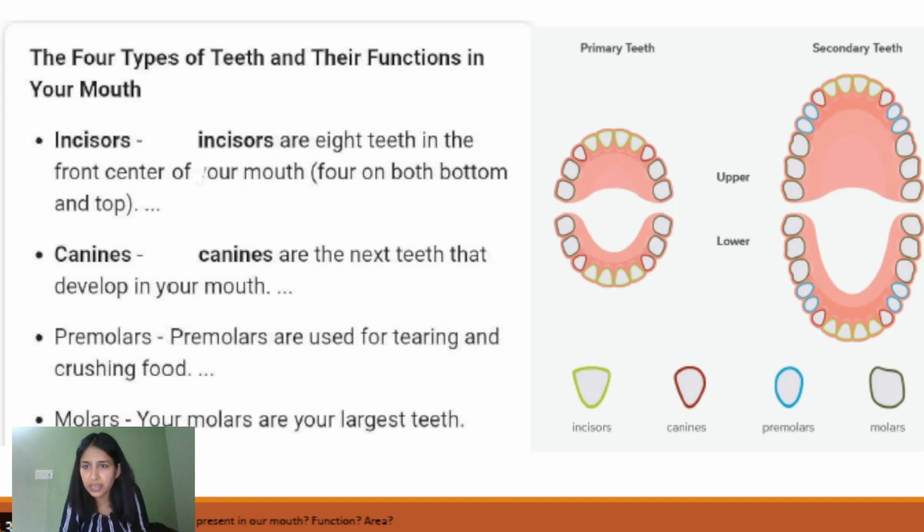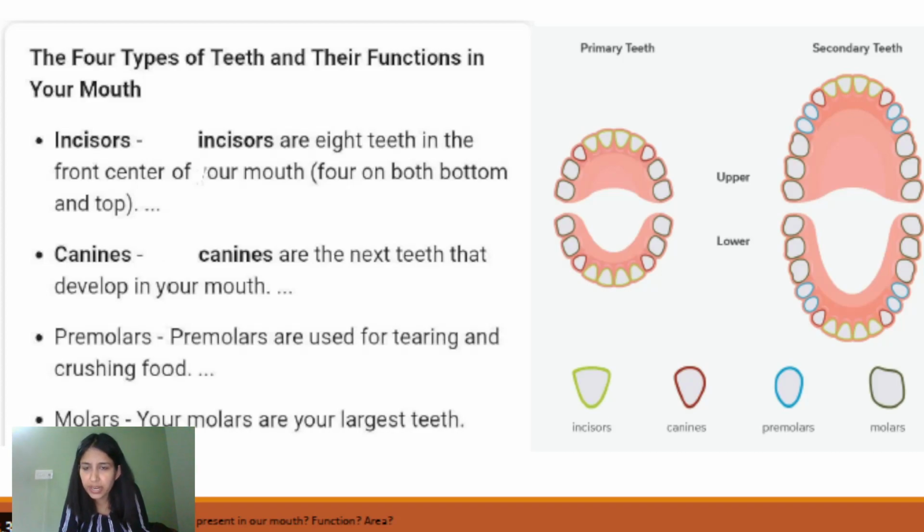If we talk about canines, they are the next teeth that develop in your mouth, and how many are there in number? Canines are 4 in number, 2 in the upper jaw and 2 in the lower jaw. And if you talk about the premolars, then how many do we have? How many premolars are there?